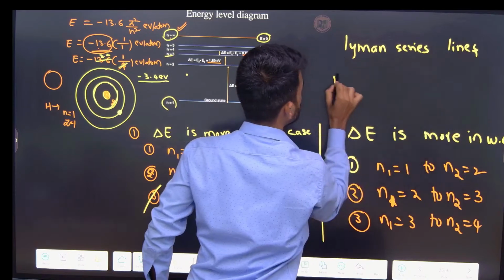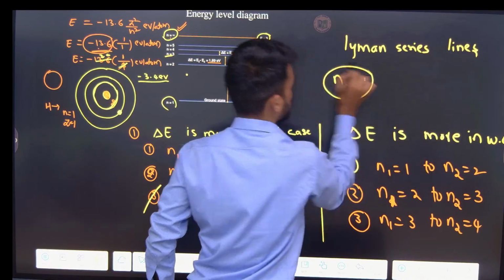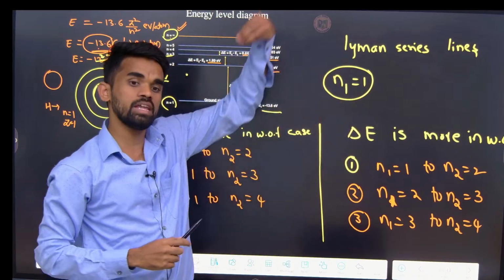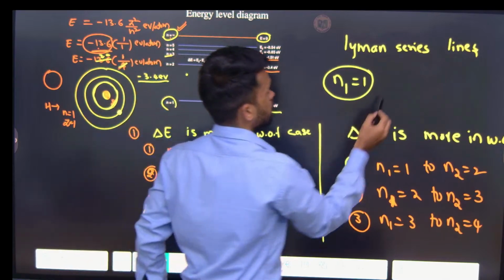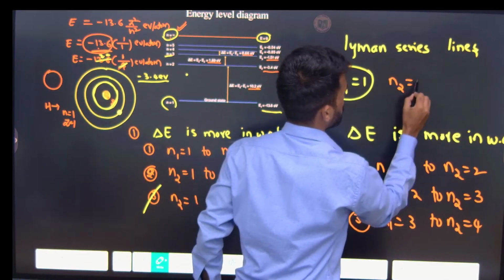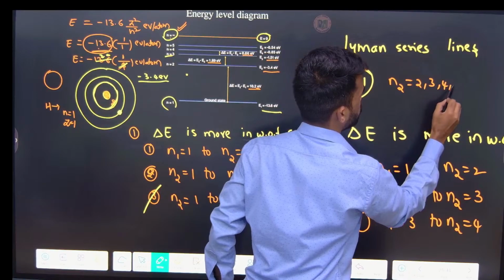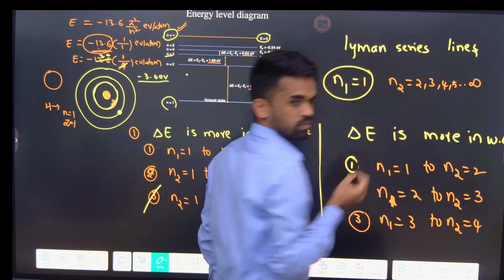N1 should be 1. This should be fixed. N2 can be any higher energy state, greater than 1. So N2 can be 2, 3, 4, 5, and so on, up to infinite.